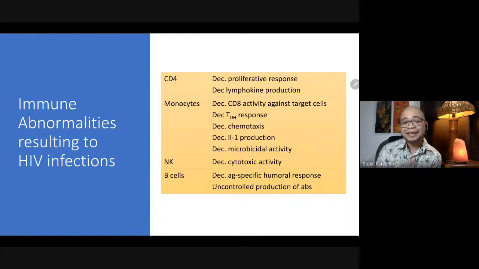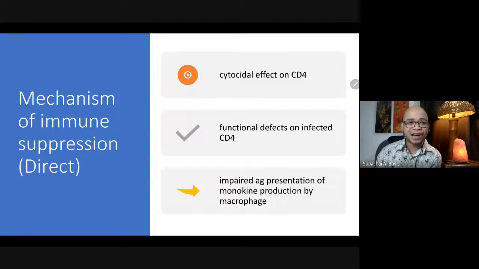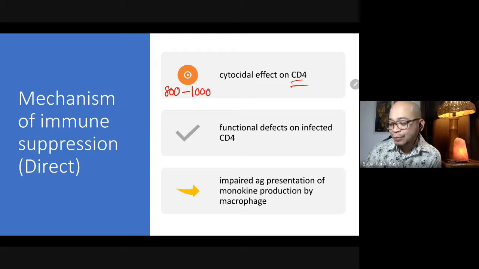So imagine HIV will entirely affect our immune system. Then there will be a direct immune suppression. Okay. One is the cytocidal effect on CD4. Remember, the normal range of CD4 is between 800 to 1000 times 10 to the 9 per liter.